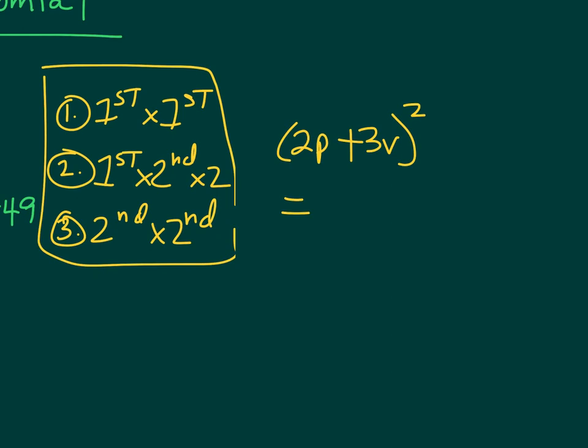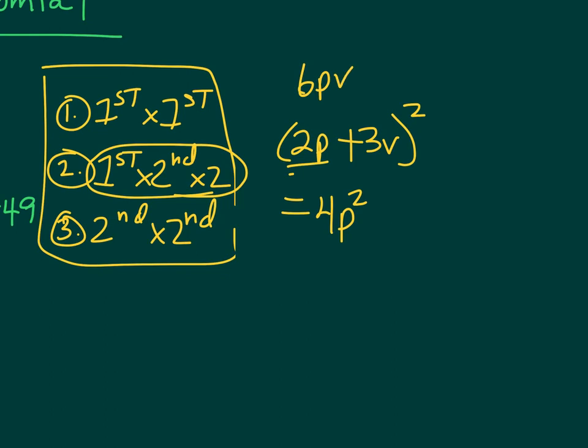So, step 1, first times first, would be 2p times 2p. That'd be 4p squared. Step 2, first times second, and then times 2. Well, if I take the first, 2p, times the second, 3v, I'm going to get 6pv.